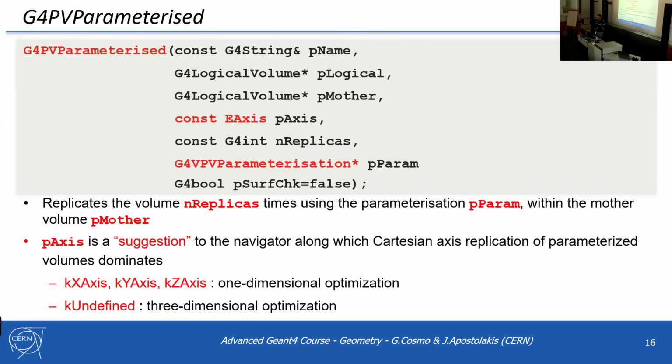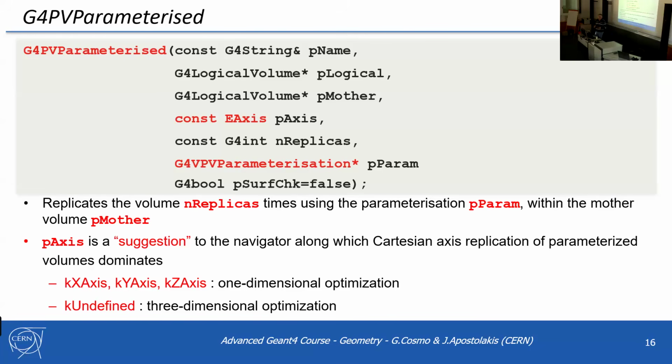Then there is an axis, which in this case is not the axis of replication, but simply a hint that you give to the system to identify if there is a pattern in your parameterisation for optimisation.